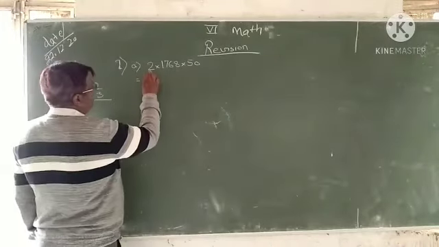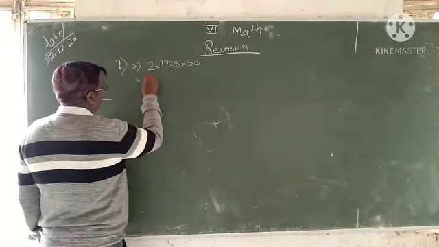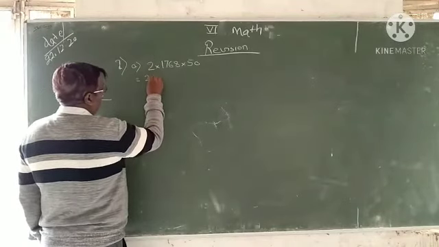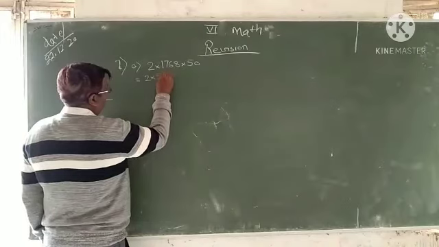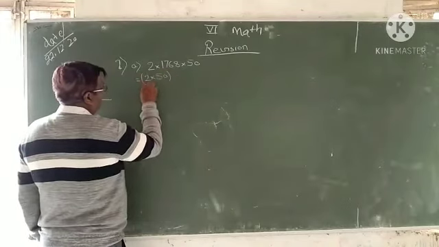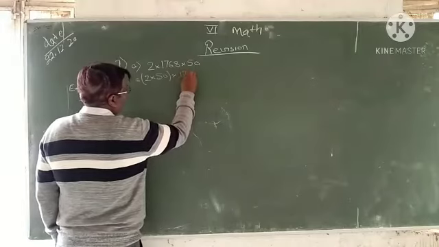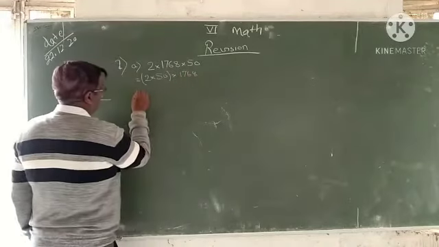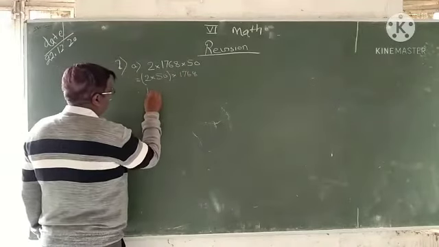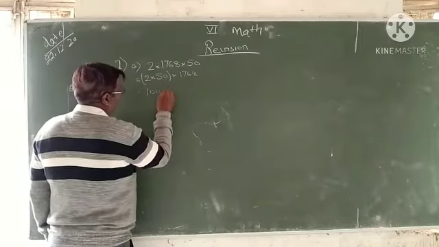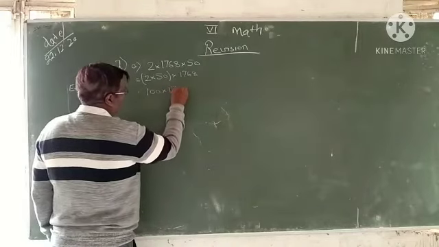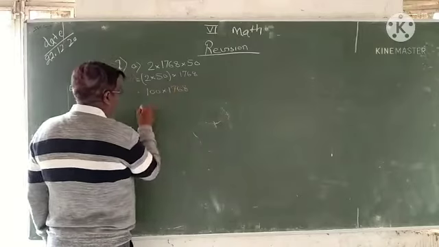First we know that 50, if we multiply by 2, becomes 100 into 1768.